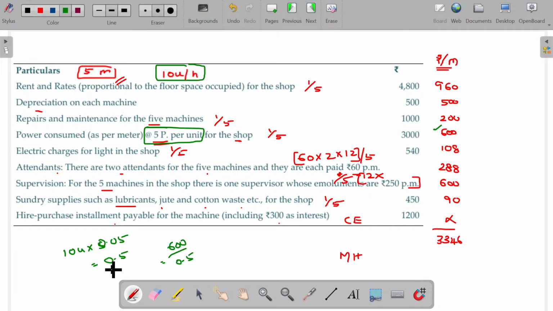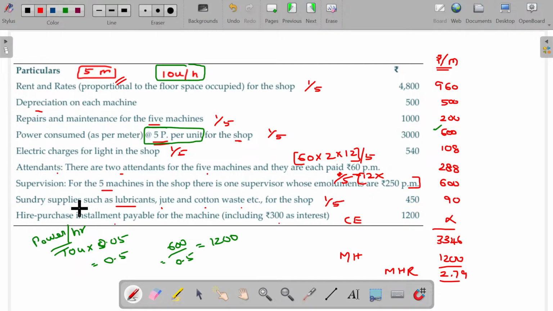So you divide this by 0.5. Per hour power cost is 50 paise. The total power amount we spent for the whole year for a machine is 600. 600 divided by 0.5 gives 1200. So you have to divide the total cost by 1200 machine hours. You'll get the machine hour rate here. What's the value you're getting finally? 2.79.